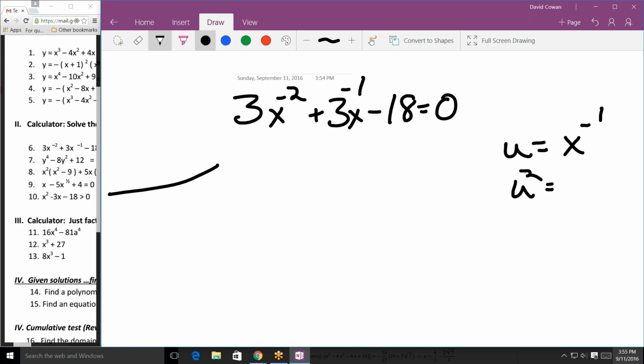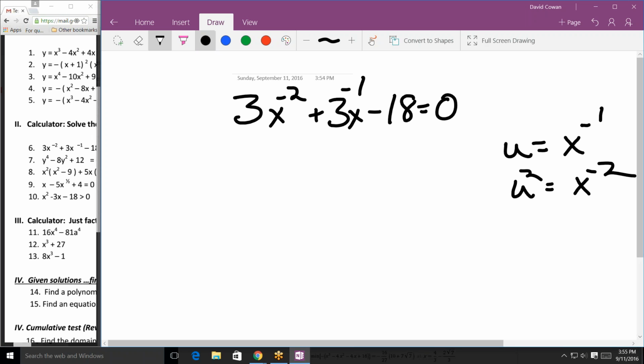If U is equal to X to the minus 1, what's U squared? X to the negative 2. Yes, that's what we're looking at here. This is a quadratic in disguise. And you can always solve quadratics in disguise by using this concept of U substitution. Whether they've taught it to you or not doesn't really matter.